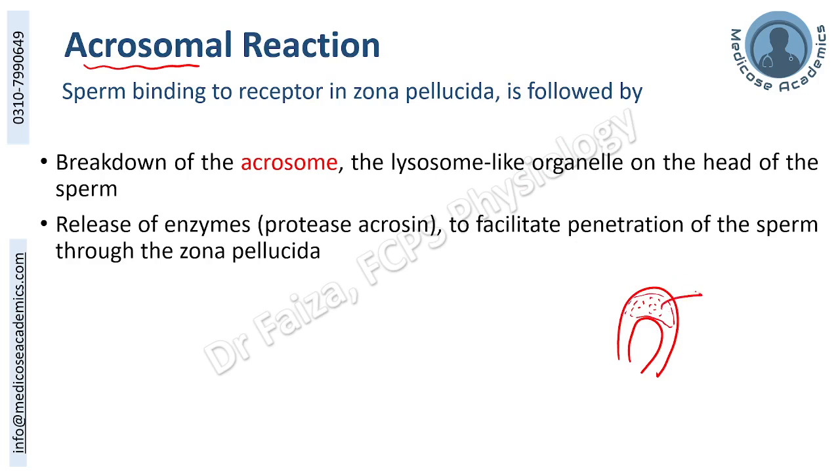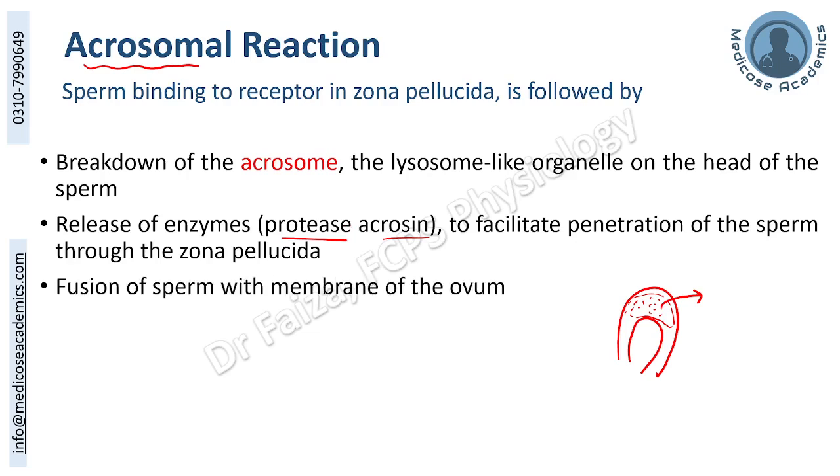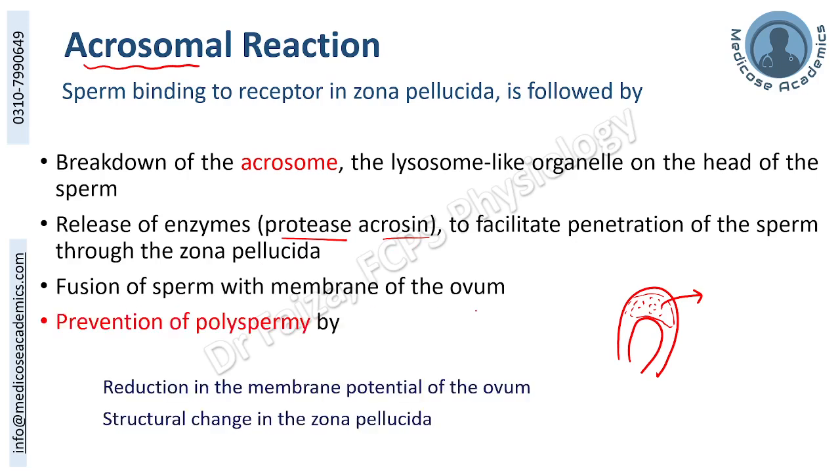The release of these acrosomal enzymes, which are basically hydrolytic enzymes, for example protease, acrosin, facilitates the penetration of sperm through the zona pellucida, otherwise it would not have been successful in passing across the zona pellucida. Also, these enzymes help in fusion of the sperm with the membrane of the ovum.